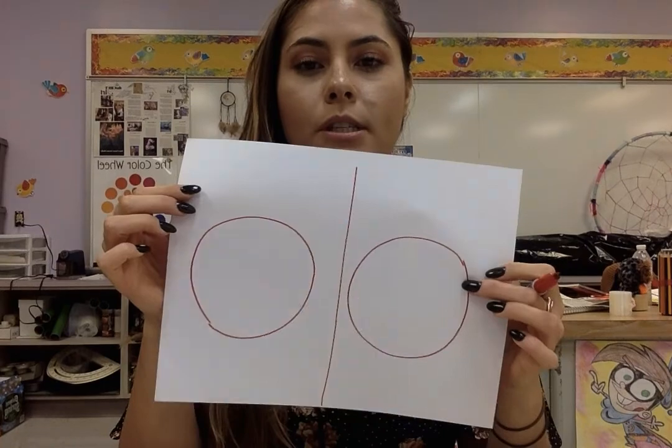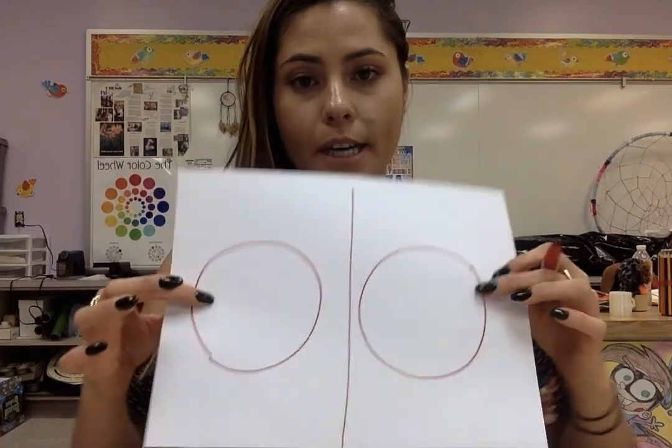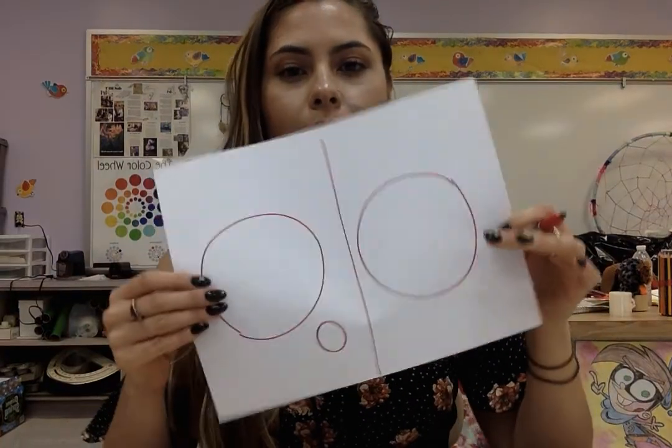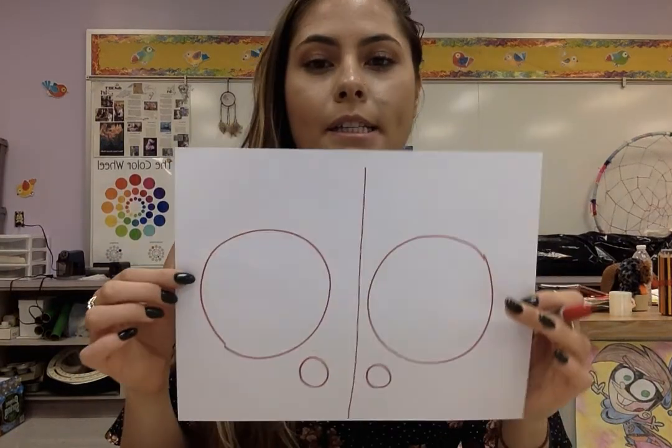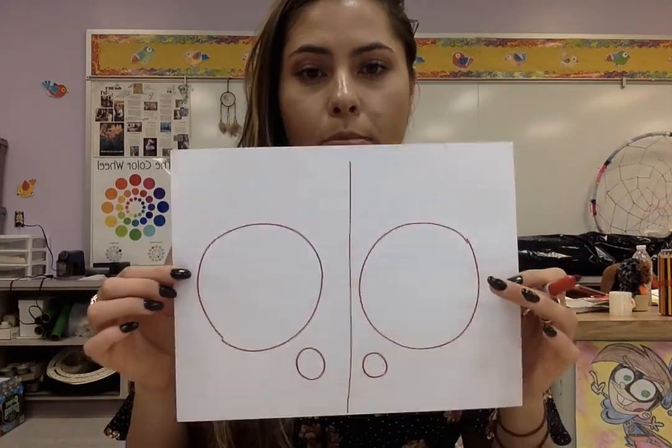And it's the same on one side as it is on the other. So again, if I drew a smaller circle on this side, it's a little tiny bit off balance, so I'd have to draw a smaller circle in exactly the same place on the other side to regain its balance for a perfectly symmetrical balance.